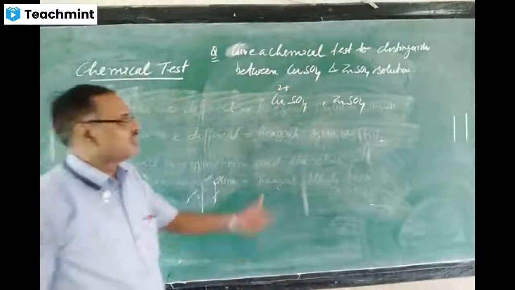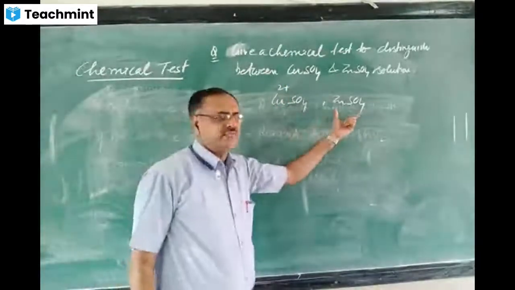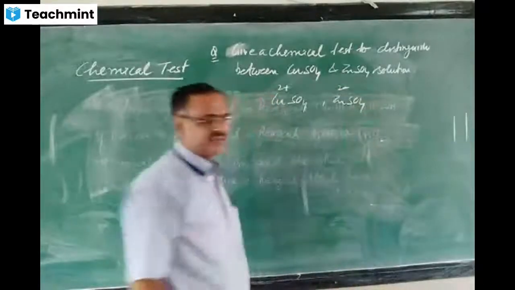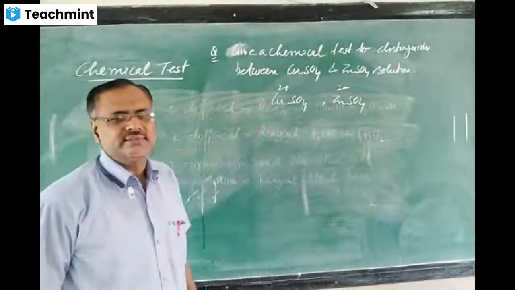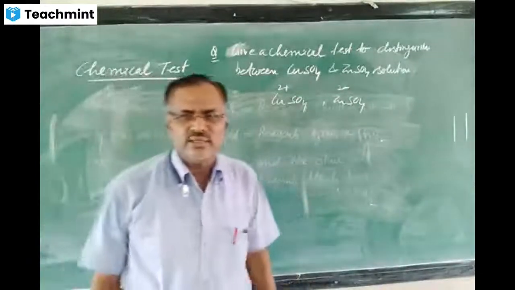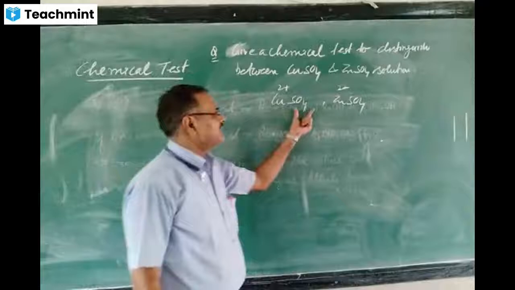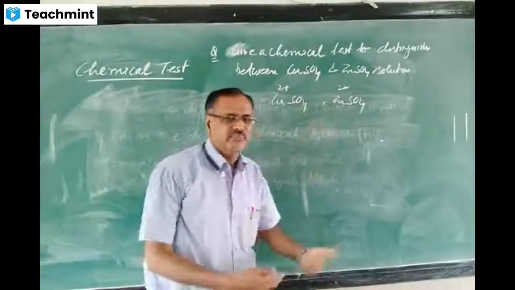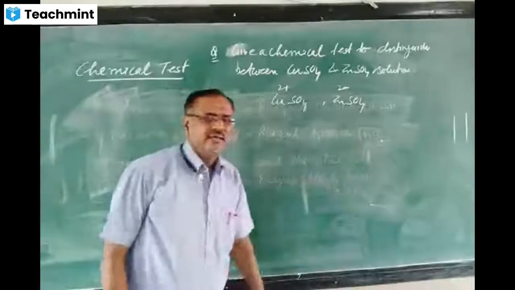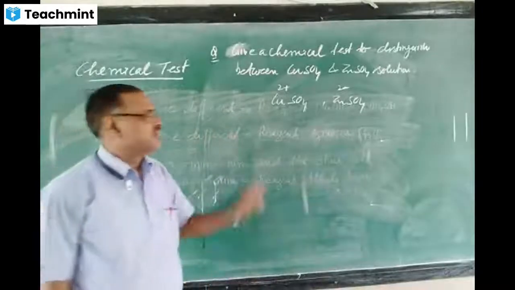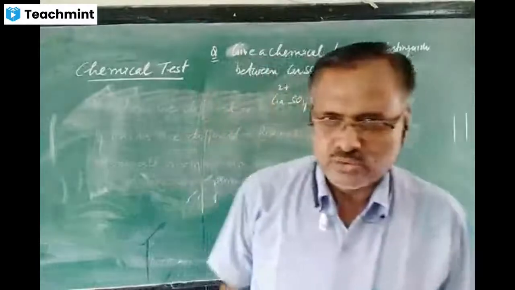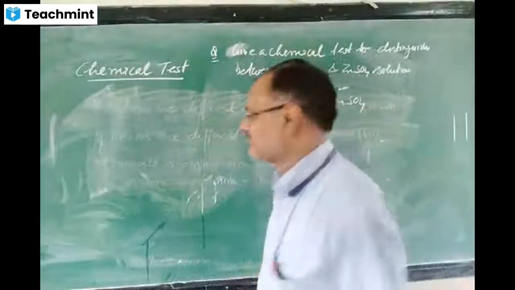Cu2+. Which cation is present in zinc sulfate? Zn2+. Negative ions are called anions and positive ions are called cations. The negative ion sulfate is the same in both the salts. So the first formula you can apply: if cations are different, we can use either sodium hydroxide or ammonium hydroxide. So both the reagents can be used here.